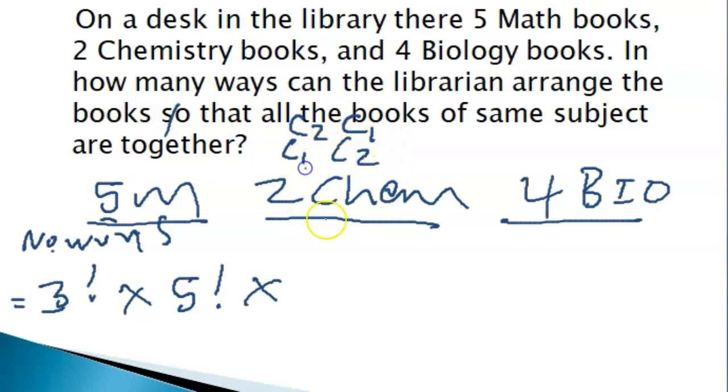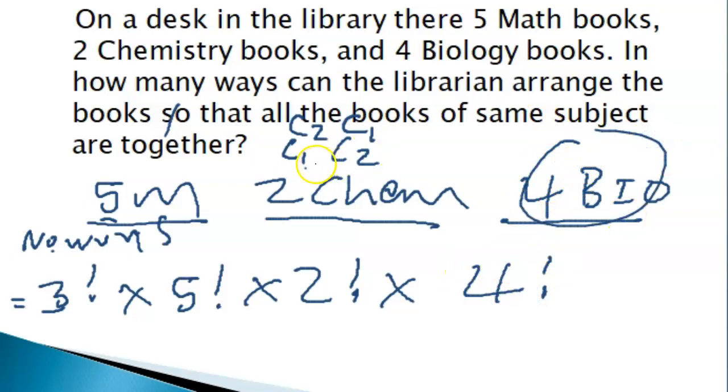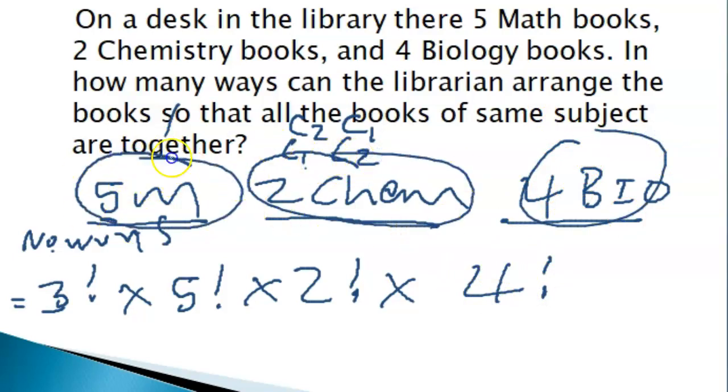So that's 2 factorial ways, and the 4 bio books, bio 1, bio 2, bio 3, bio 4, within themselves can be arranged 4 factorial ways. So 4 bio books, 4 factorial ways, 2 chem books, 2 factorial ways, 5 math books, 5 factorial ways.